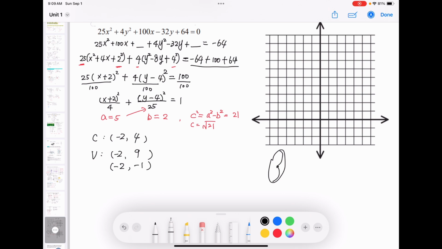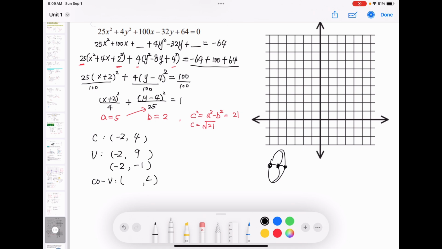And then co-vertices. Based on the center, we move to the left and the right b units. b is 2. So we keep our y value, because my co-vertices and the center have the same y value.